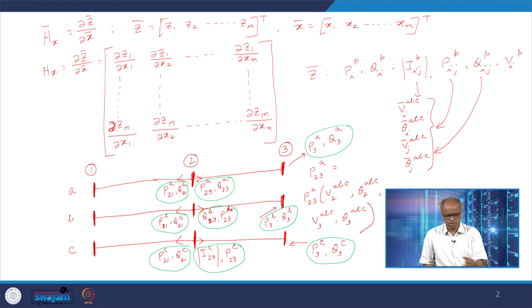All these details we have already discussed. So even if I try to find the partial derivative of P3 and Q3A with respect to say V1A, V1B, V1C, they would ultimately be 0, because these two are not directly connected. In a very small network, we can perceive visually which bus is connected to which bus directly.